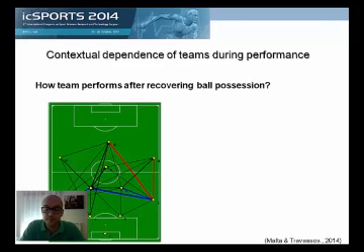Based on the concept of representative design, we analyzed players' performance considering the dependence between the players and the performance context. For that, we measured the number of opponent players that are close to the ball at the moment of ball recovering in defense.